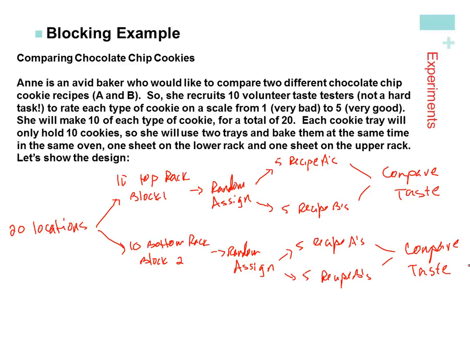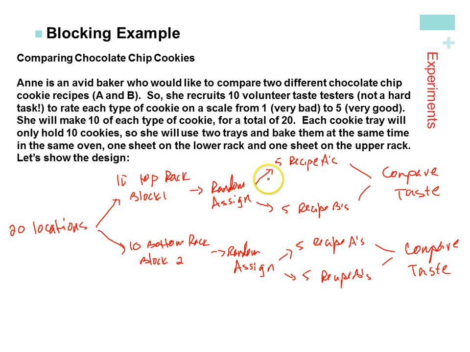We have to talk about, again, our experimental units, how many and what are they, and then block them, and be able to talk about why you're blocking. Top rack, bottom rack. That tells us what the blocks are. It might be worth adding a description at the bottom that says the top rack and the bottom rack are going to bake differently.